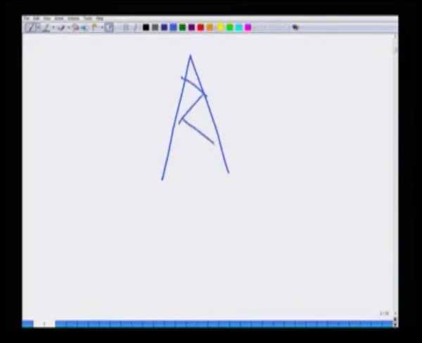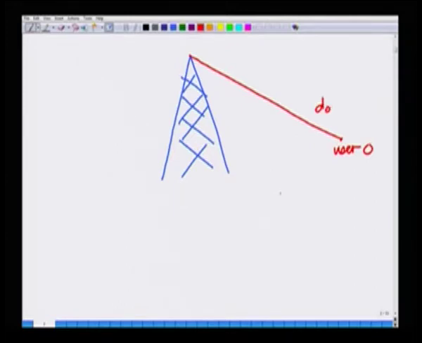So, I am considering a base station. Now, in this base station there is user 0 who is at a distance d0, and there is a user 1 who is closer to the base station at distance d1. All right.